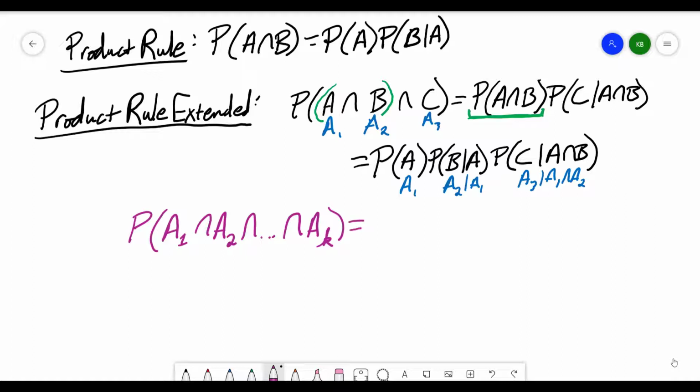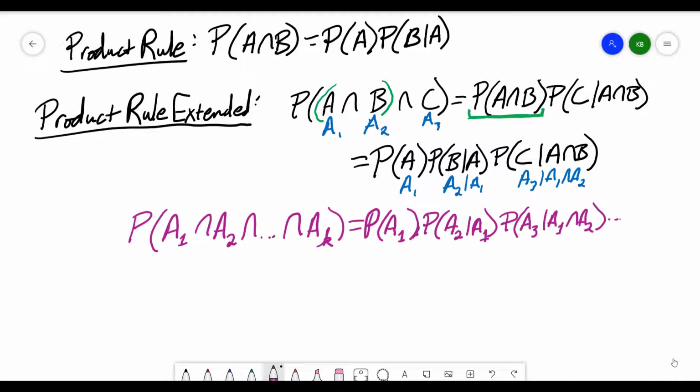And this is going to equal the probability of A1 times the probability of A2 given A1 times the probability of A3 given A1 intersect A2.